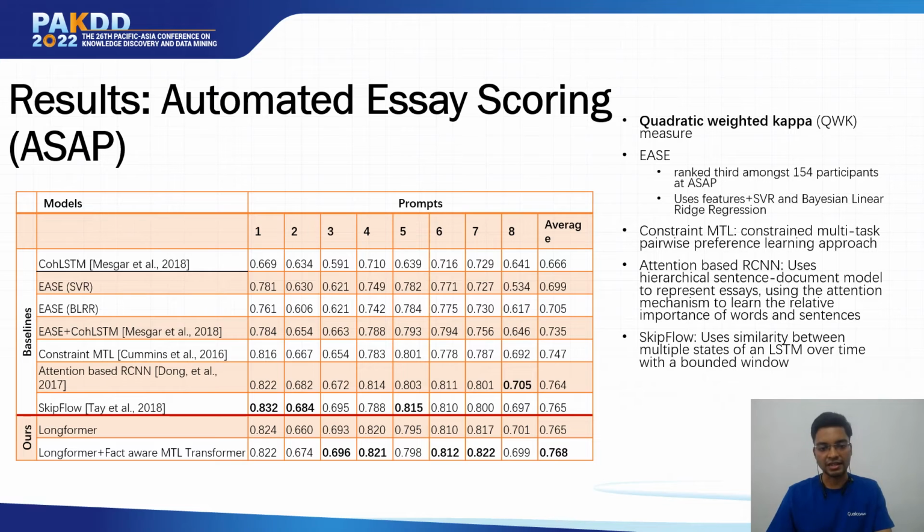As you can see at the bottom of the table, we have a vanilla Longformer which is just fine-tuned over the automated essay scoring dataset, and we have a Longformer which is augmented by the coherence vector from fact-aware multitask transformers.